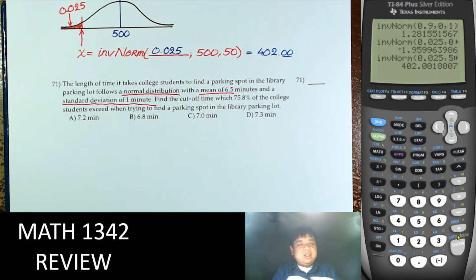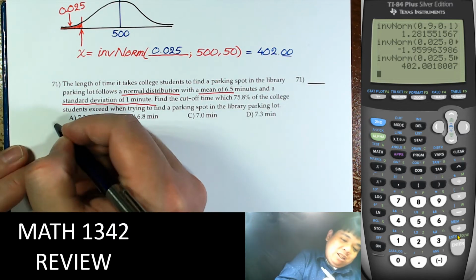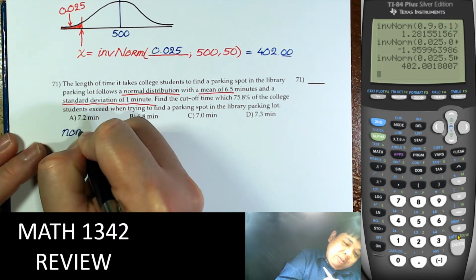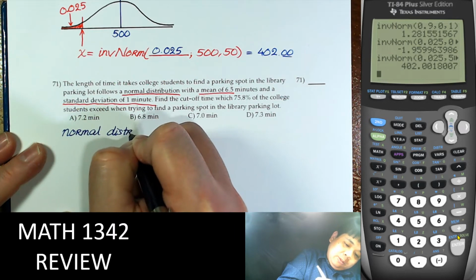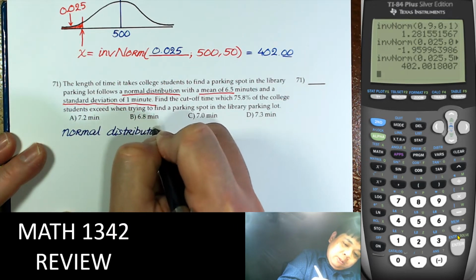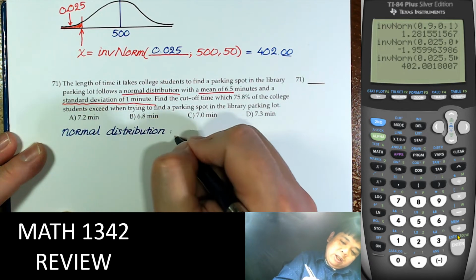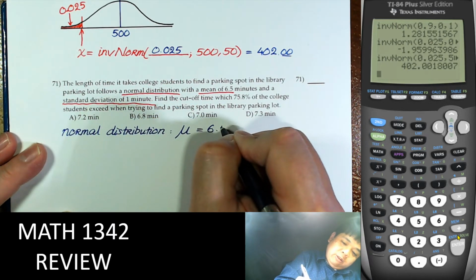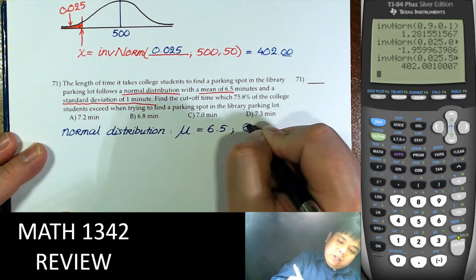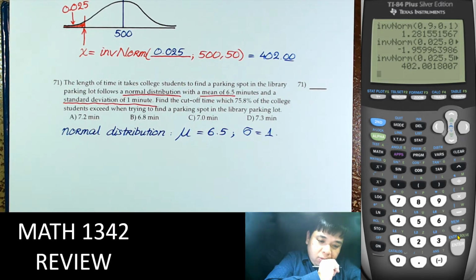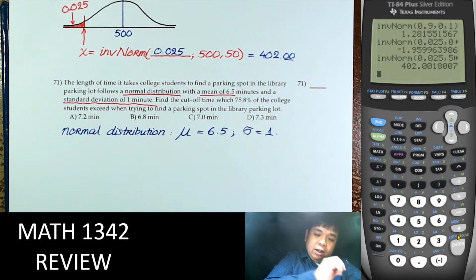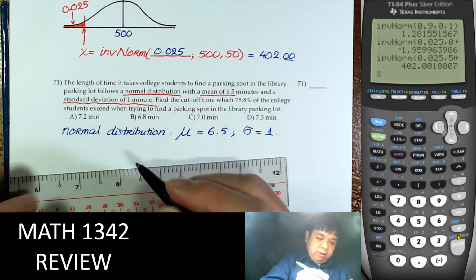Usually it's better, so be careful with that every time we deal with time. So normal distribution, the mean 6.5, standard deviation is 1. So we draw the normal curve.